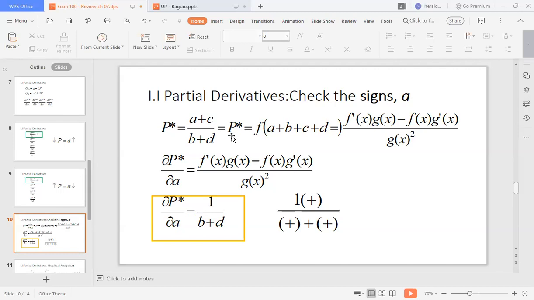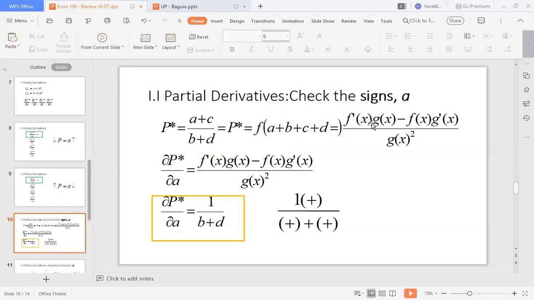Therefore, we have P star now as a function of the variables A, B, C, and D. So again, we're now treating these as variables because we're allowing one variable to change and holding all the other variables, B, C, and D, constant or fixed. Okay, so again, to get the partial derivative with respect to A, we are using the quotient rule here.